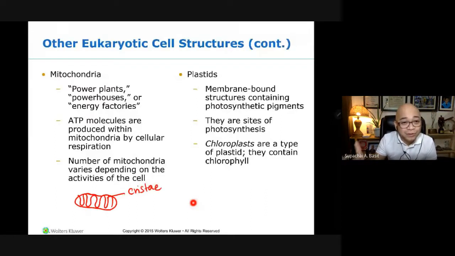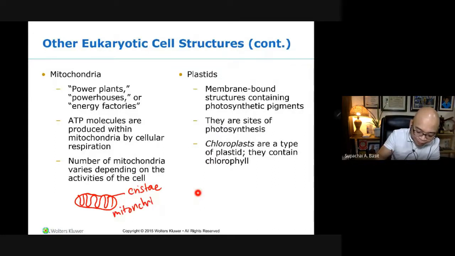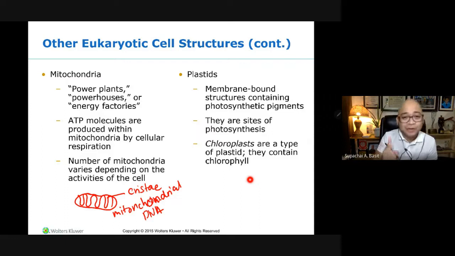And do you know that mitochondria is the only organelle that has its own DNA, mitochondrial DNA? And another trivia is that mitochondrial DNA is maternal by nature.